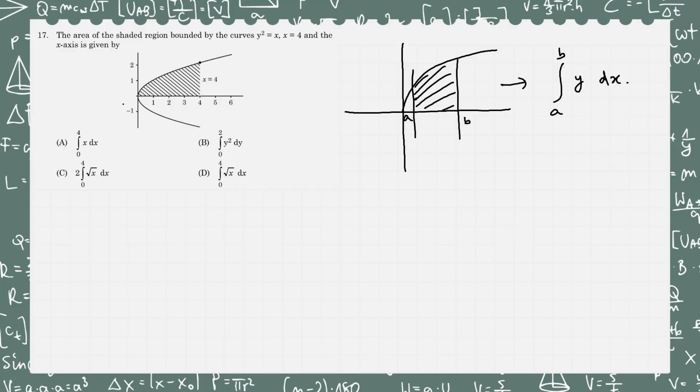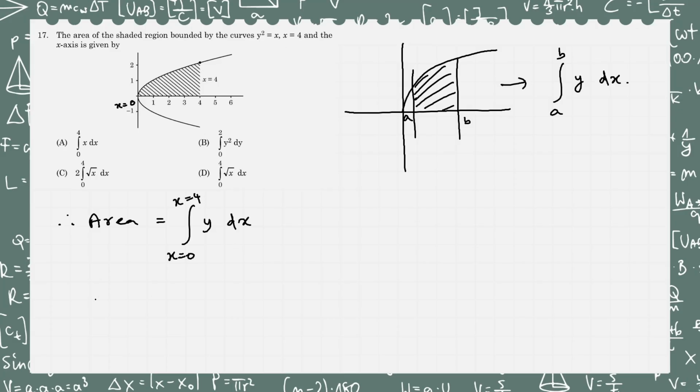Coming to this function, the starting point for x is 0, x equal to 0, and x equal to 4 is the end point here. So limits for x are given. Therefore area will be equal to y dx between the limits x equal to 0 and x equal to 4.